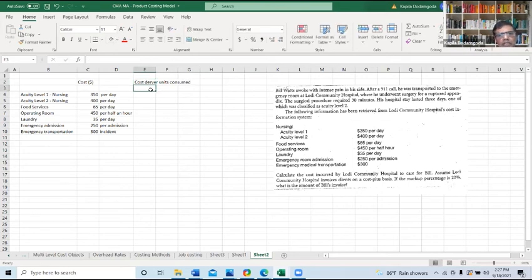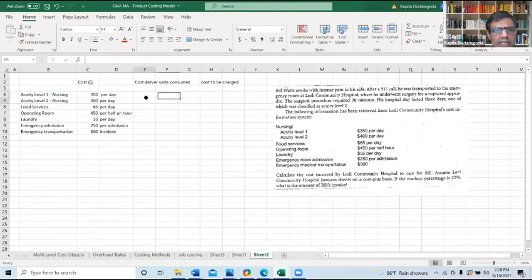We need to figure out the cost driver units consumed in this case, and then basically the cost to be charged. So this is what we are going to have.